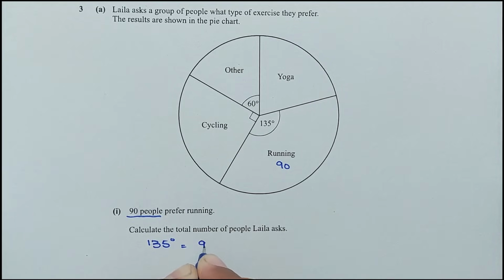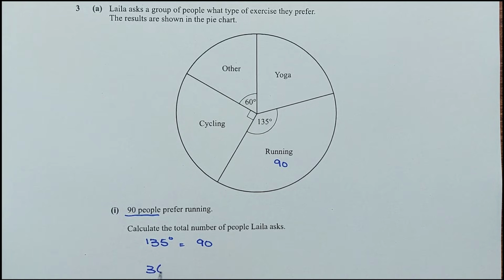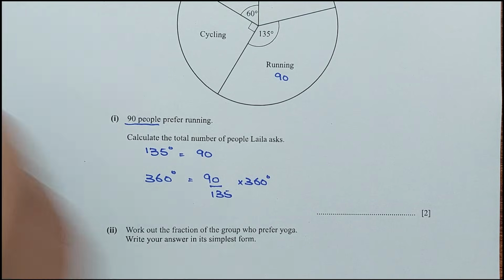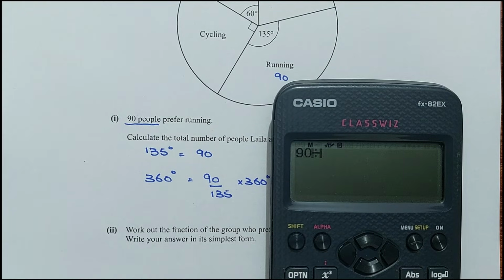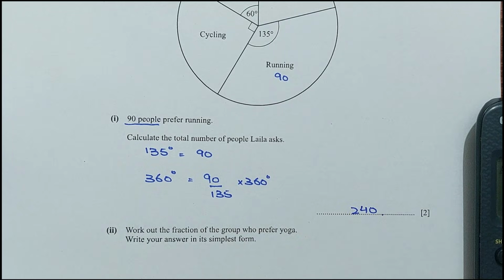The total is 360 degrees. So 90 out of 135 times 360 is 240. So the total number of people is 240.